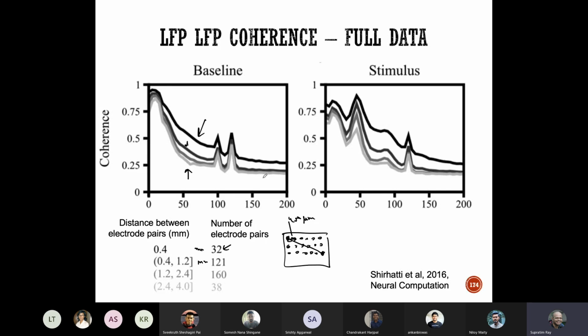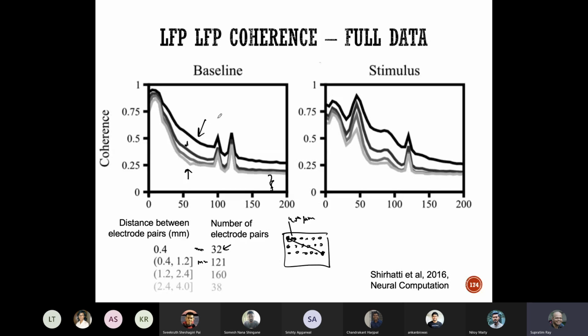However, it actually doesn't become zero. And you would ask why it's not becoming zero. It's only because of the bias that I had mentioned. The true coherence should be zero. If I take a lot more trials, then this will become closer and closer to zero. But with only 76 trials, it settles to some value which is non-zero.